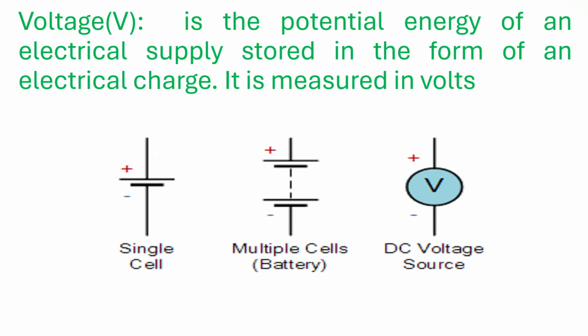As the current tries to flow in the circuit, the resistor tries to resist that particular flow. So the voltage is that force that pushes the electrons, pushes the current through the circuit despite the resistance being offered to its flow. So the greater the voltage, the greater the ability to push electrons through a circuit.